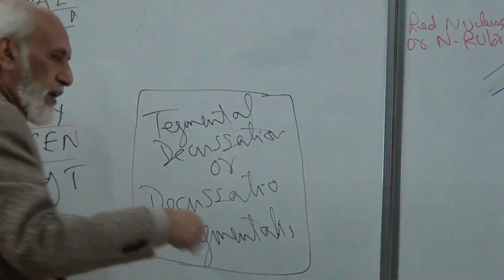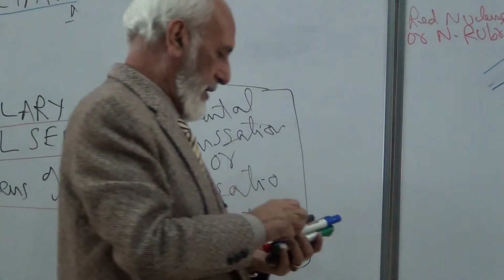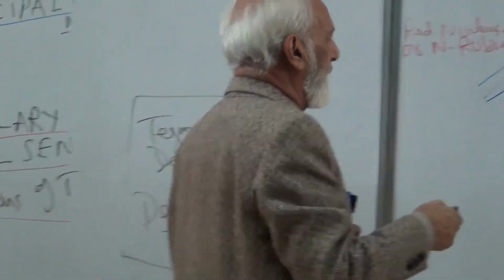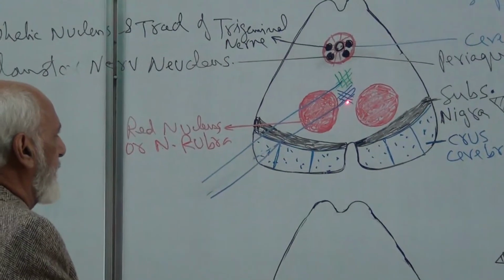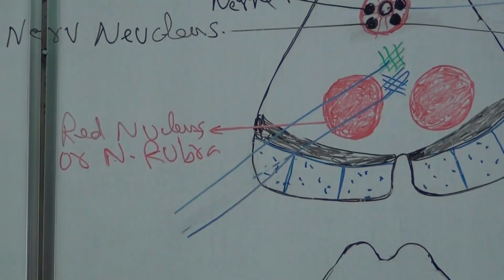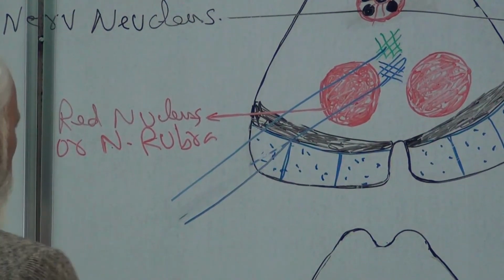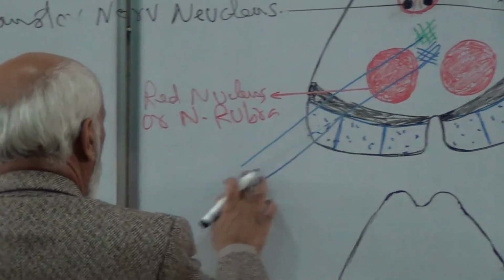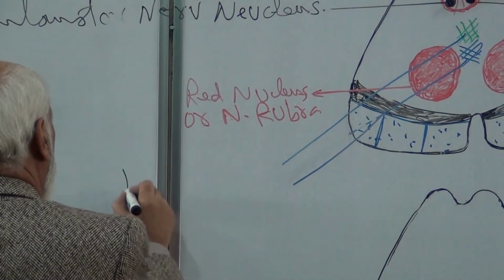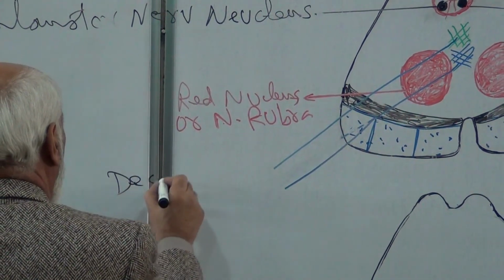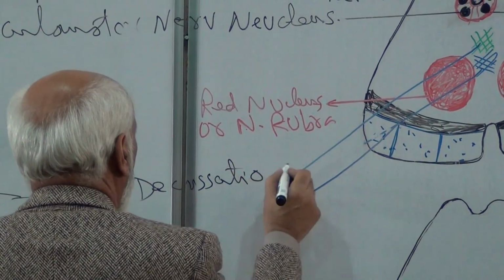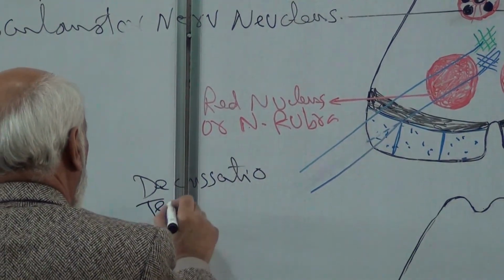This is a decussation between nerve fibers. Now this decussation comprises a dorsal part and a ventral part. The dorsal part is known as decussatio tegmentalis posterior.